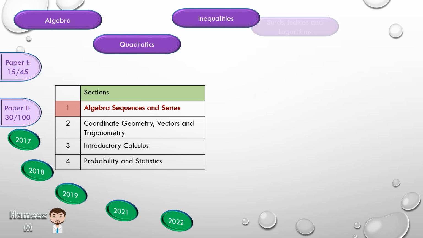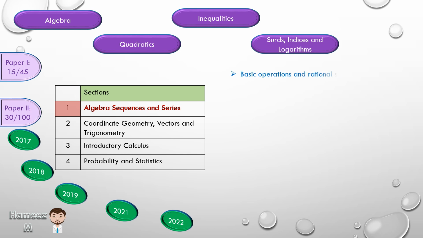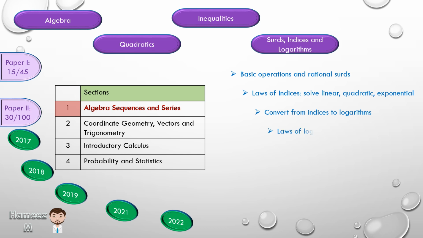For the 4th one, surds, indices and logarithms, students should be able to use the basic operations of add, take away, multiply, and rationalize surds. Students should be able to handle the laws of indices to solve exponential equations, linear or quadratic, to convert from the indices form to the logarithm forms or vice versa, and of course the laws of logarithms.